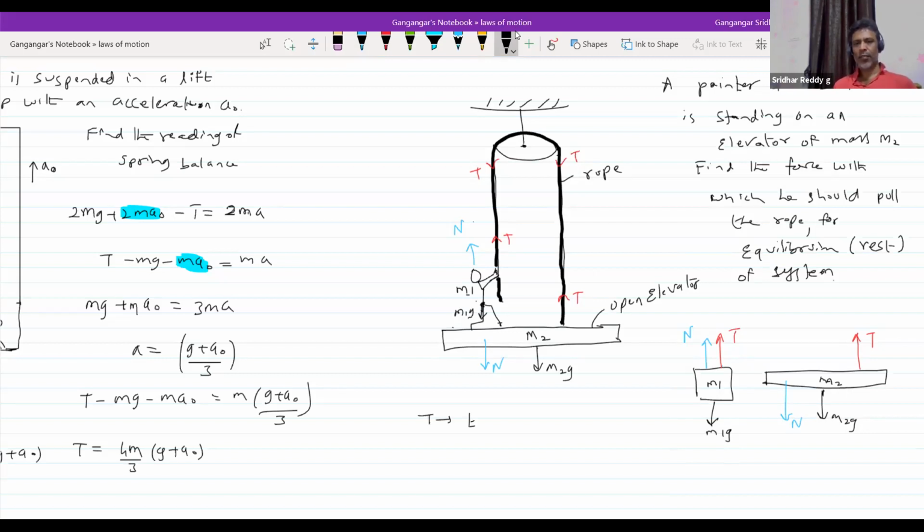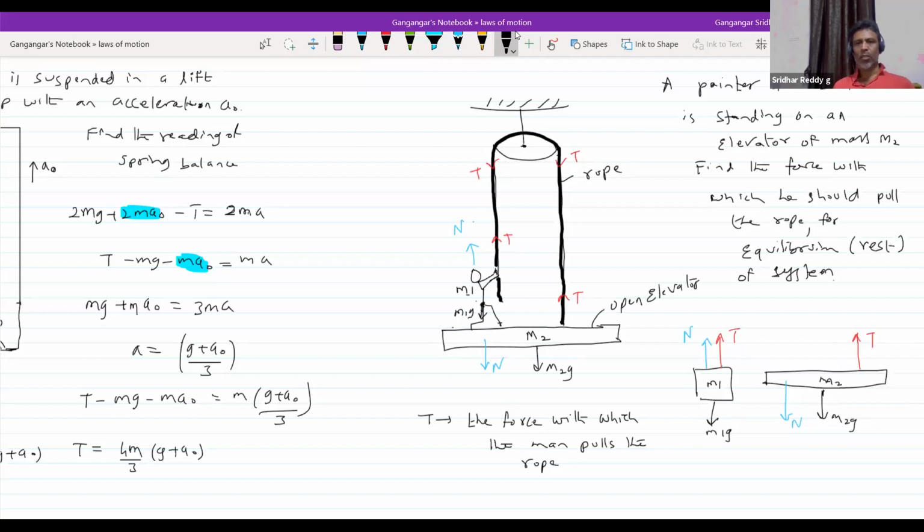The force with which the man pulls the rope. Is that okay? The force with which the man pulls the rope is the tension.